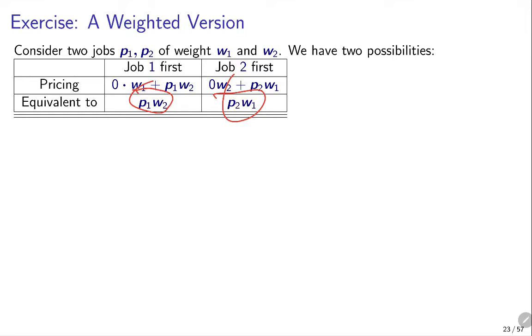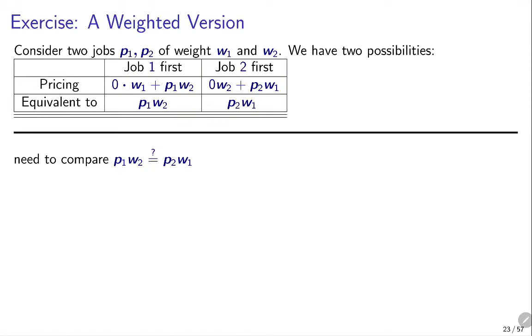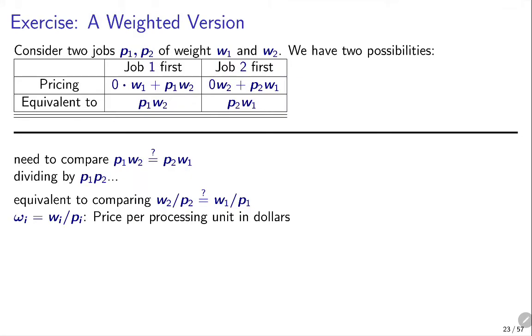So we just need to compare those two quantities and decide which one is smaller, right? So is it P1W2 or P2W1? To this end, we're going to divide both sides by P1 and P2, so we get W2 over P2 and W1 over P1, and we need to compare them.